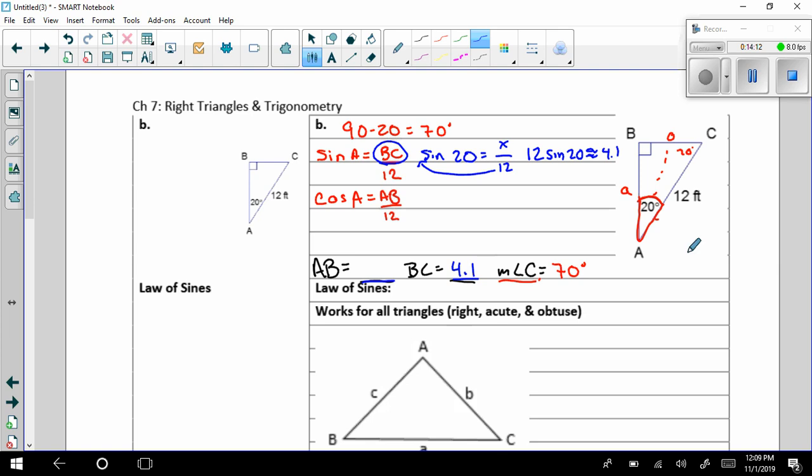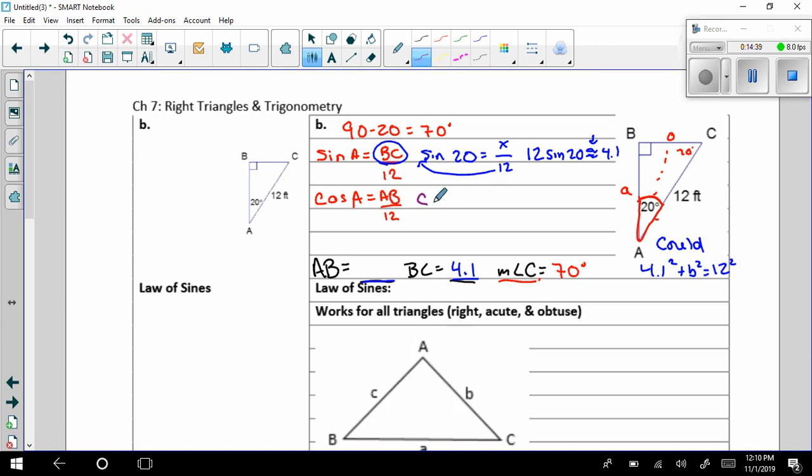Now at this point you could do 4.1 squared plus b squared equals 12 squared. It's not going to be as accurate because this has been rounded. This is an approximation. So it's better to go ahead and use your trig function just to make sure you get the most accurate answer you can.